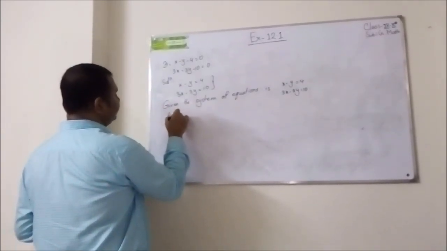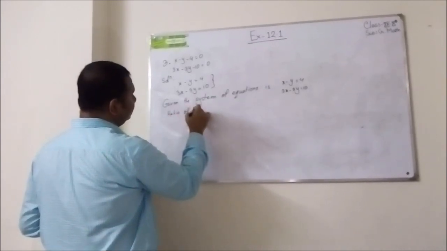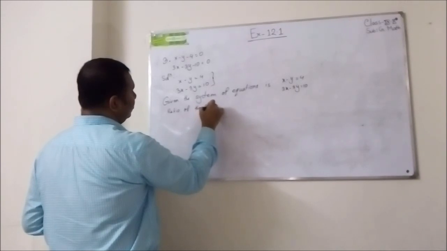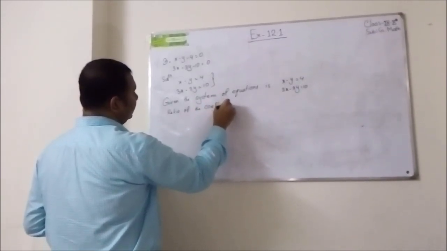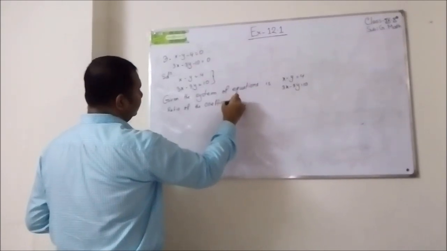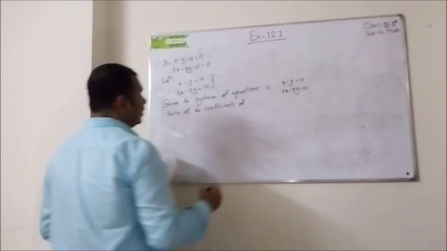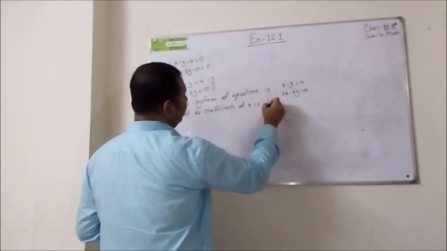Ratio of the coefficient of x is 1 by 3.